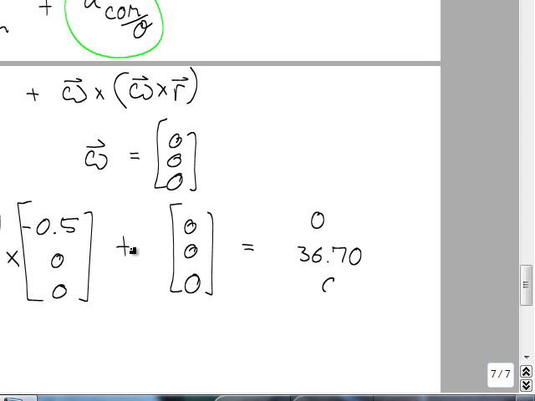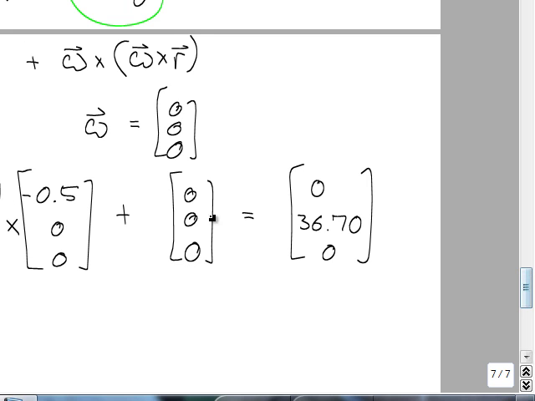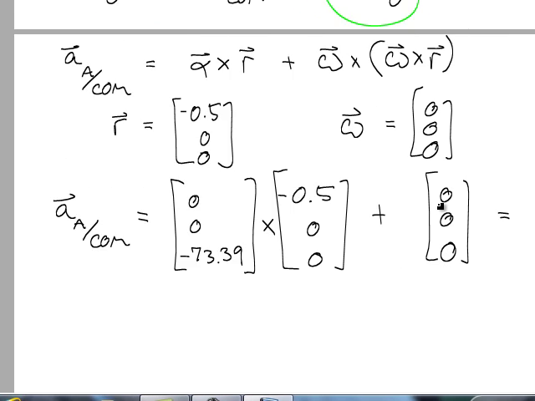And so put that into the relative motion equation.